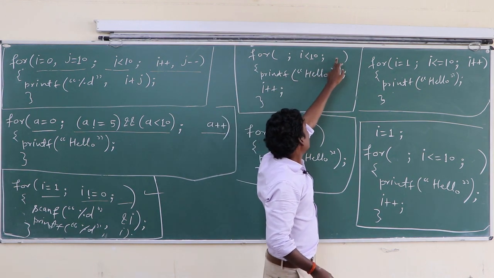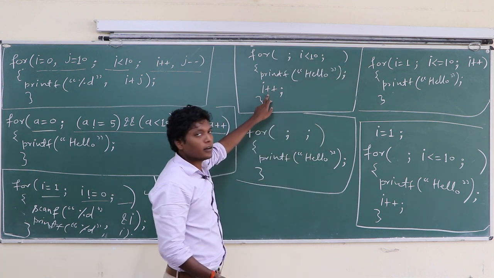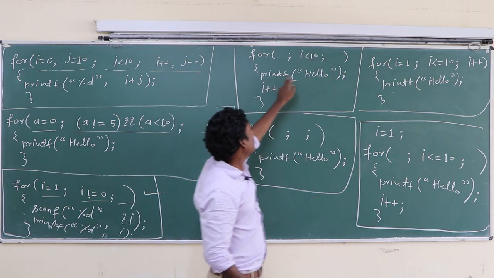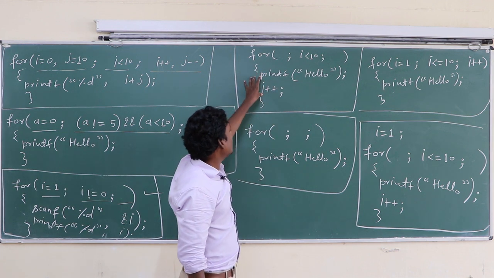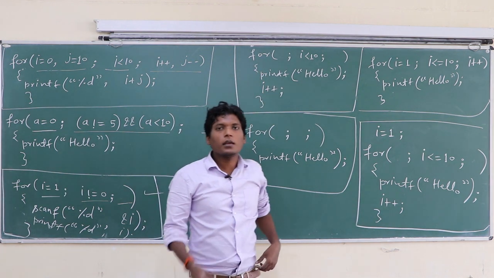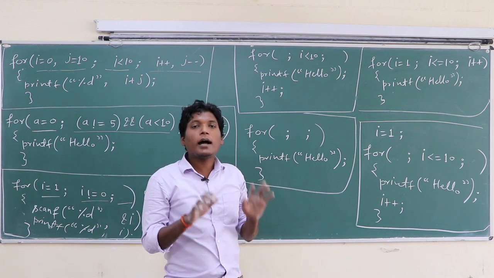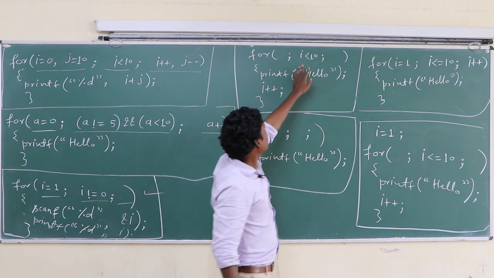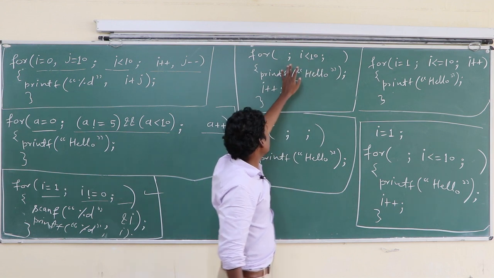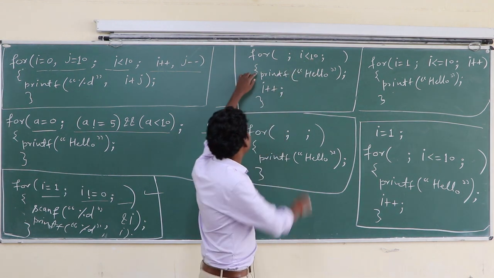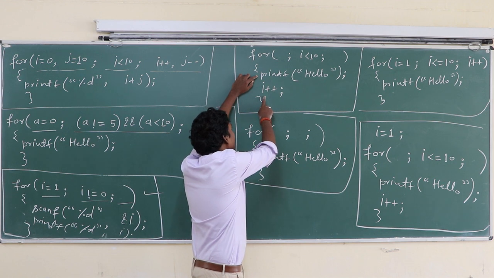And this i++ is written here. Okay class, printf hello, i++, this condition is also true. i has an initial value, maybe 0 or garbage. On the basis of that value, this condition will be either true or false, and on that basis this set of statements will be executed.